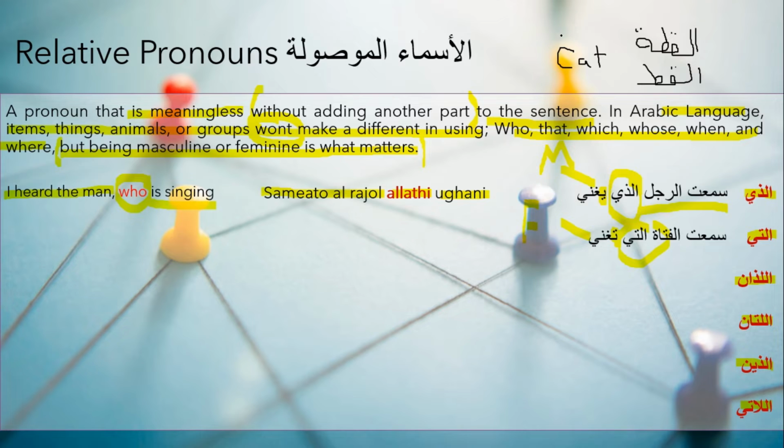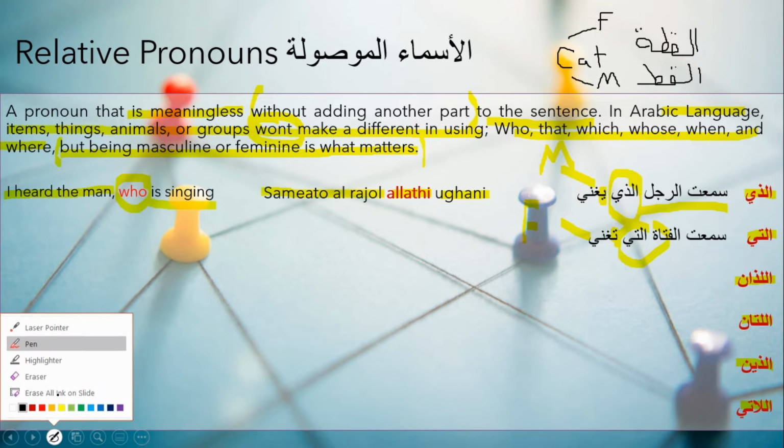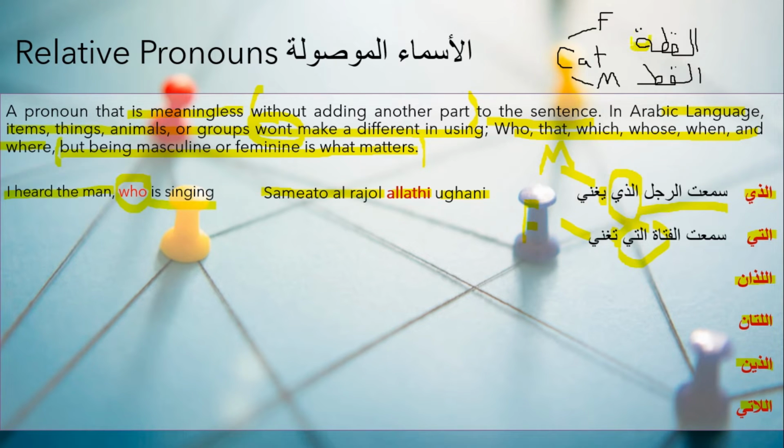But in Arabic, no. If there is a ta at the end of the word, let me highlight it here, if we say al-qittata and we put this ta, it means it's feminine. Without the ta, usually we will find this in the whole subject. If we don't find the names of females, it is considered feminine, in general things, regardless of the names.